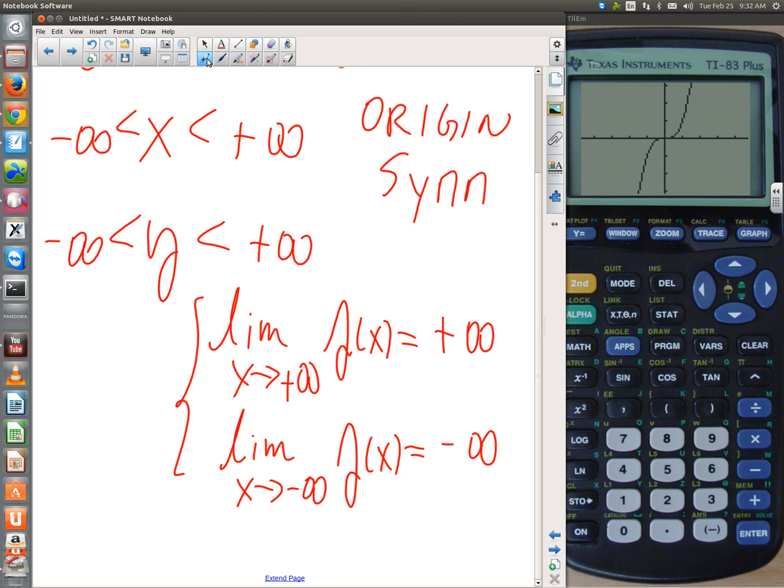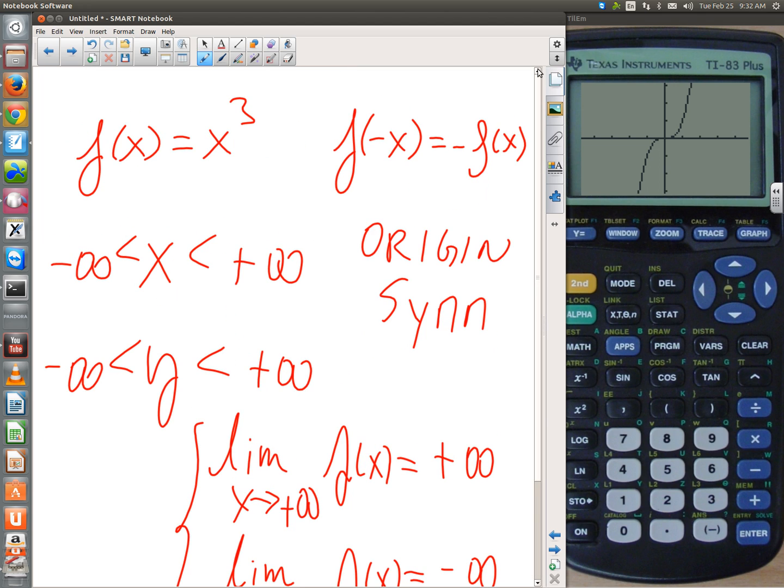Now, this is true for every odd function. I could say all the same stuff about x to the fifth, x to the seventh, x to the ninth, x to the 11th, and so forth, right? Anyone got a problem with any of that?